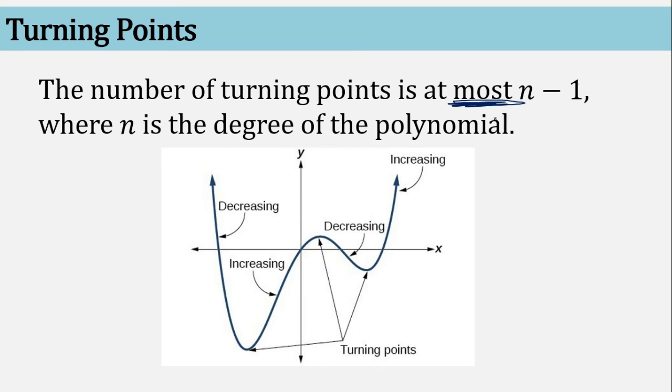If the degree is 5, then 5 minus 1 gives us at most 4 turning points. Meaning, lower than or equal to 4 but not greater than 4. That's the meaning of at most.